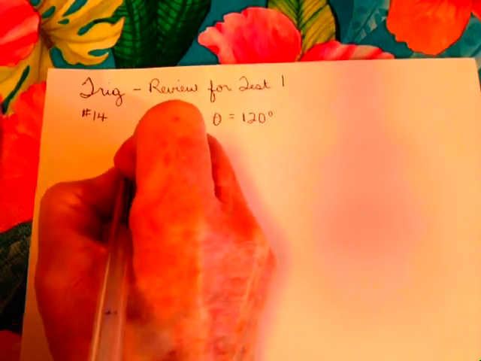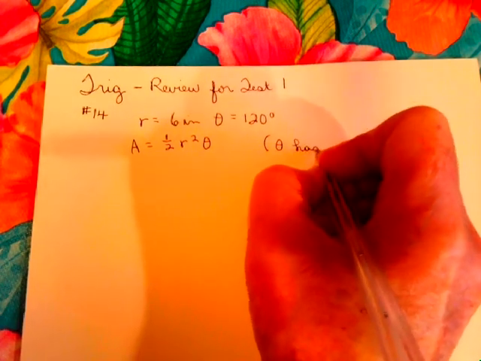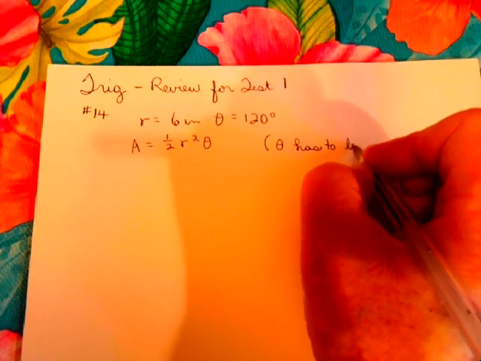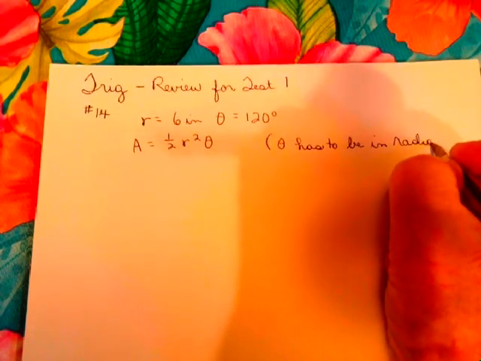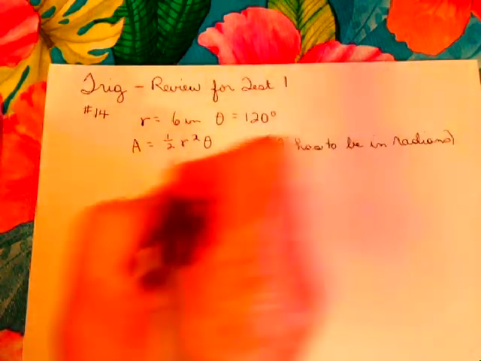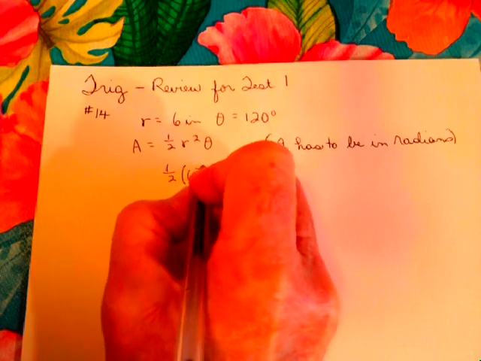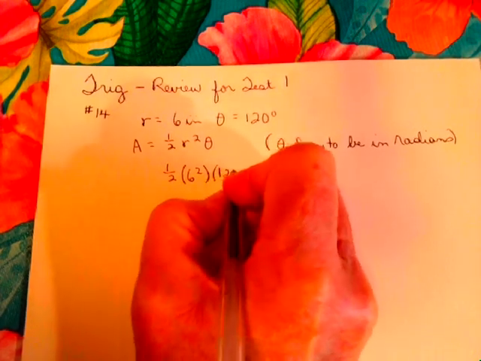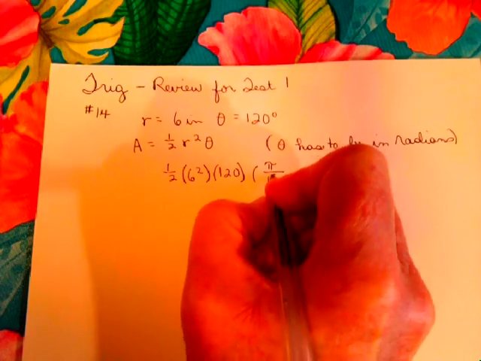We know that our formula is area equals 1/2 r squared theta. We also know that theta in this formula has to be in radians. So we multiply 1/2 times 6 squared times 120 times pi over 180.